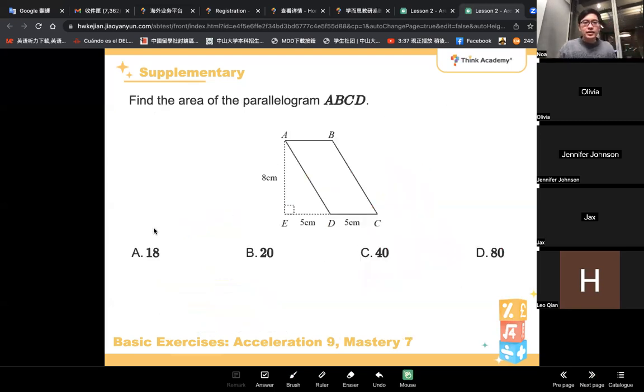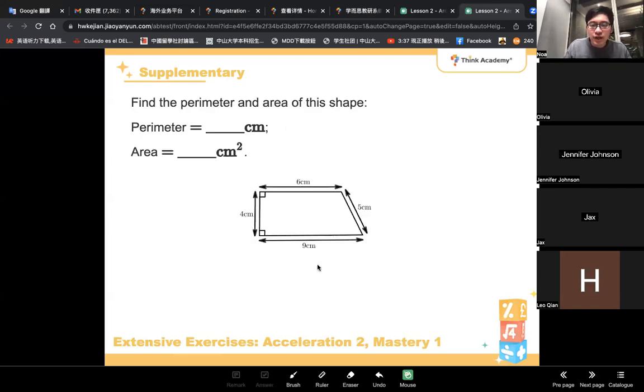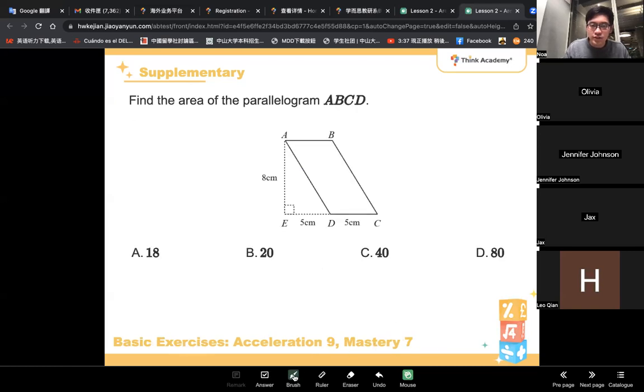Can someone type in the chat box, tell me what's the area of this parallelogram ABCD? This is a parallelogram. Make sure when you're answering a question, you check what they are asking. Some people told me this is a trapezium.